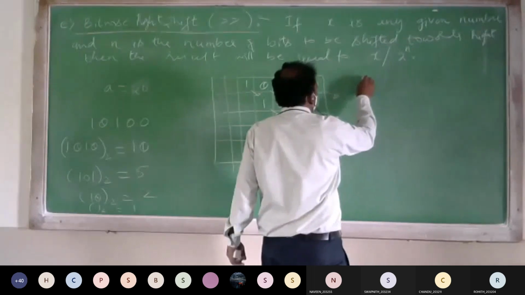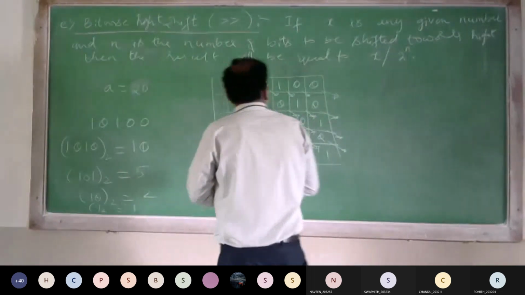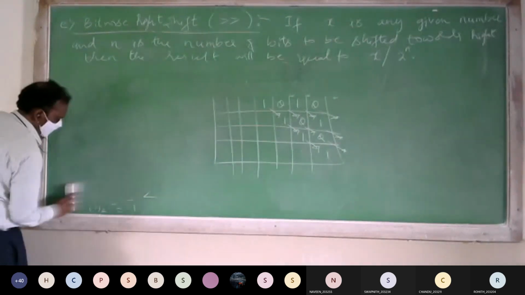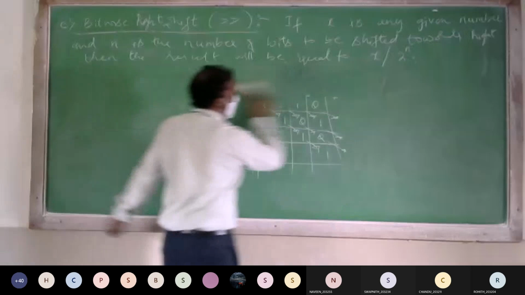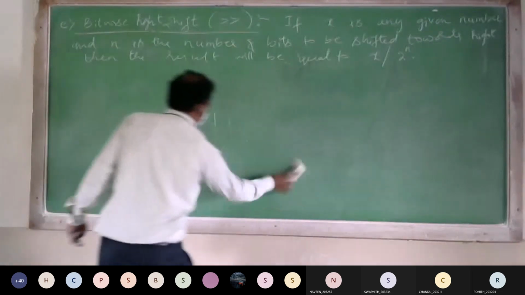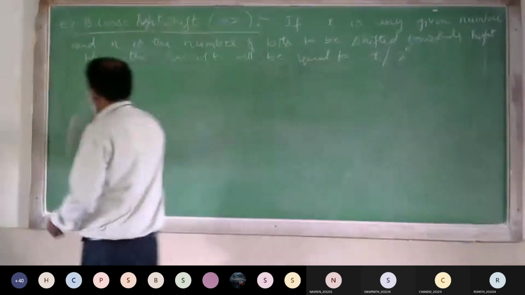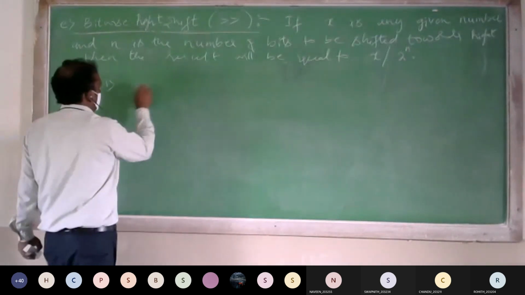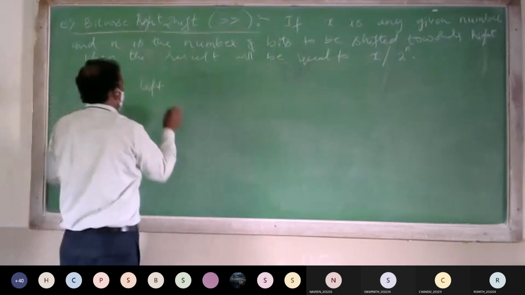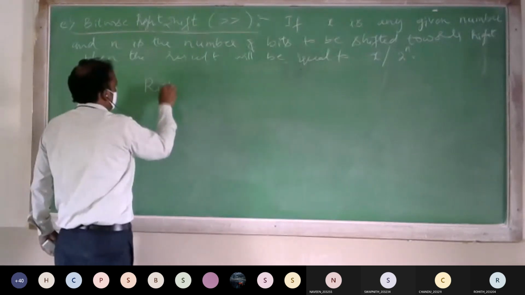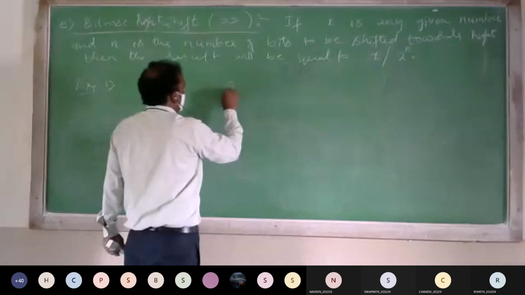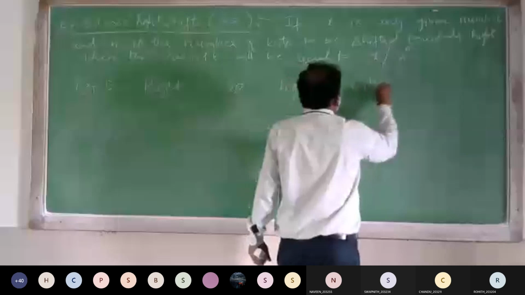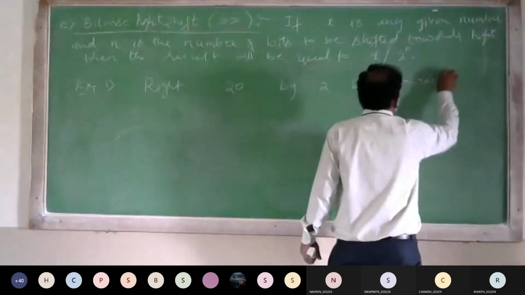Now we shall see with an example. Example 1. Right shift 20 by 2 bits towards right.